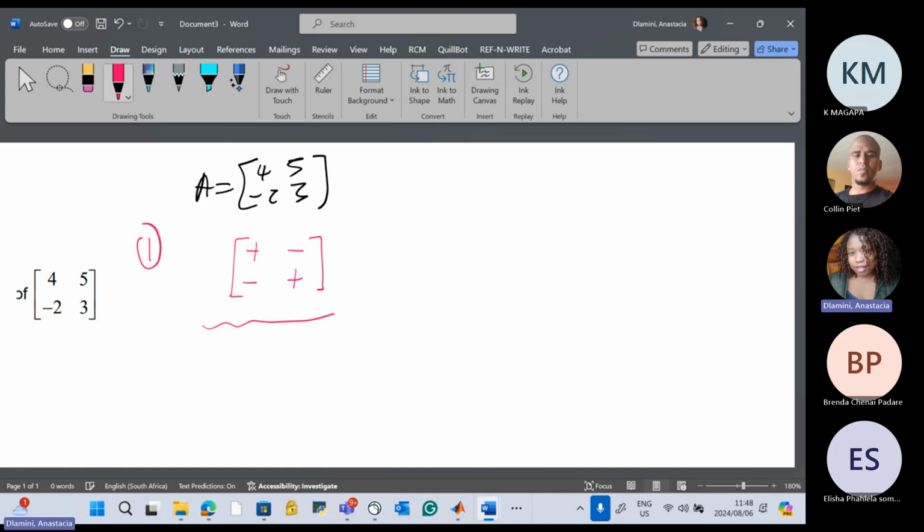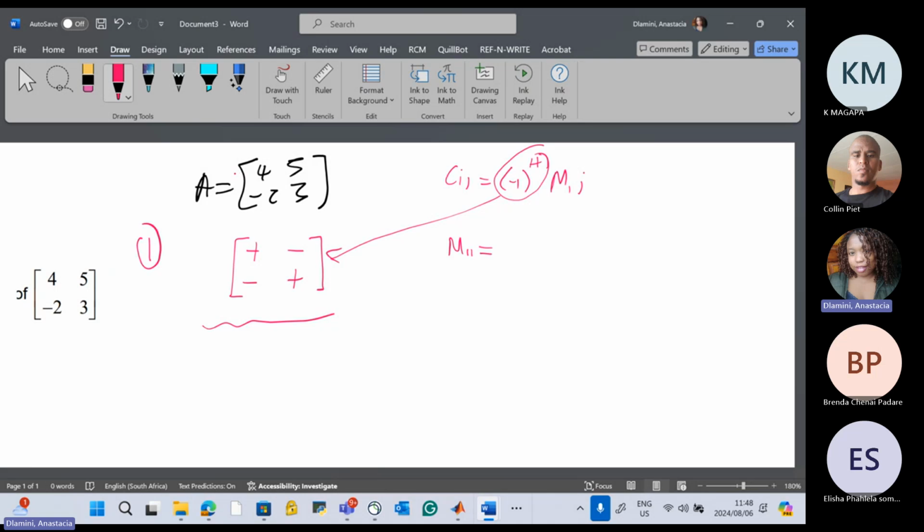Let's call it method 1. Because you know that one, you can go and find the minors. We know that Cij is equal to (-1)^(i+j) times Mij, and the sign part has already been covered here, so we just need the minors. M11: where are we cancelling?